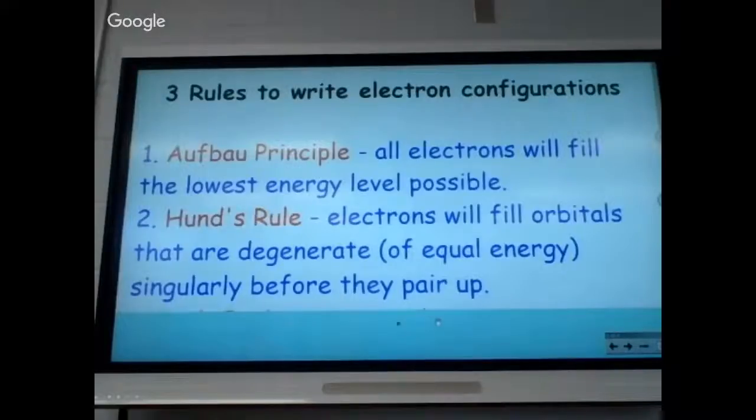And in parentheses, I told you what degenerate means. That means they're of equal energy, singly, before they pair up.